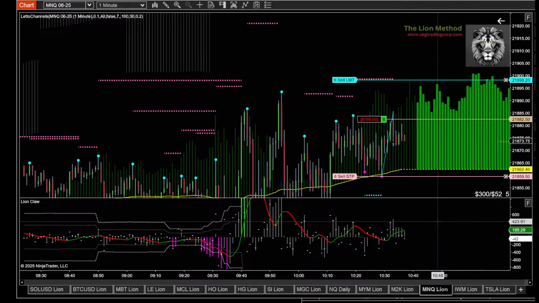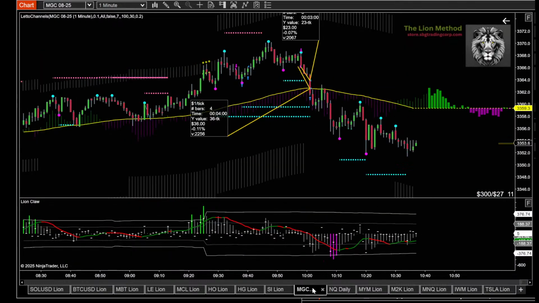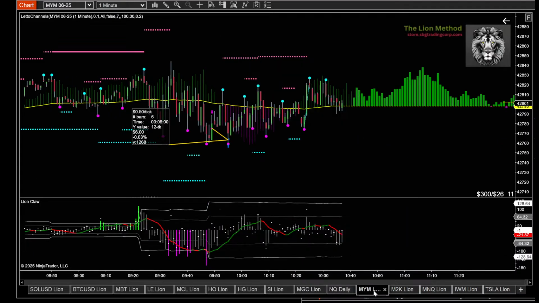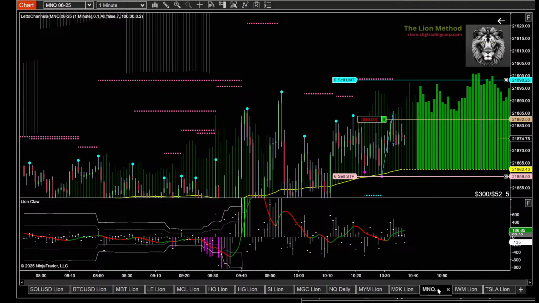Trading, you make mistakes. I thought we had a little trend breakout happening. We saw some actual action in the NASDAQ. I think I was wrong. MYM, Russell, and the NASDAQ.